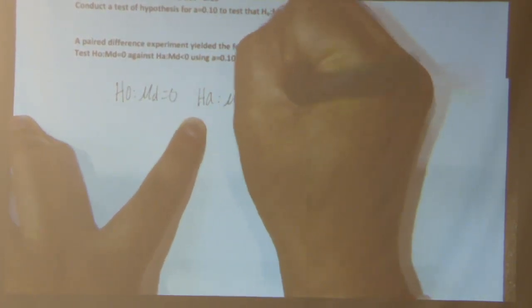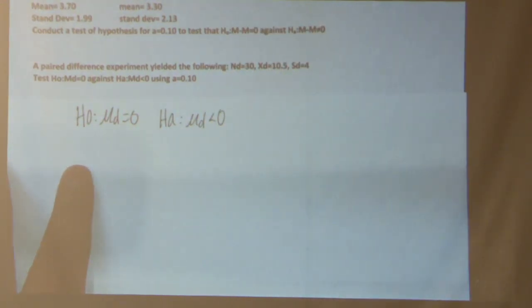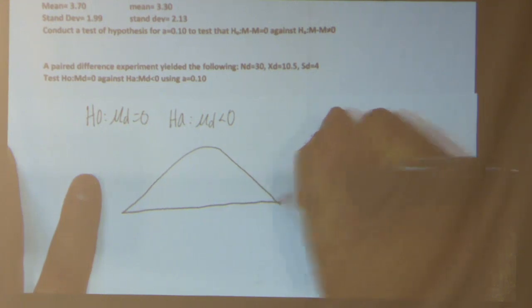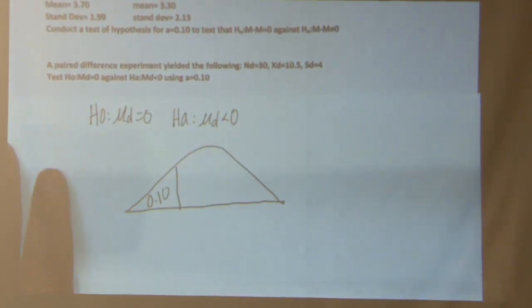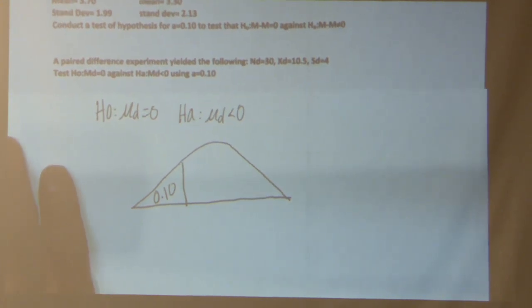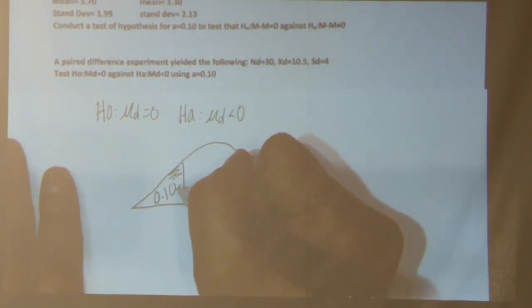So we want to test that mu D is equal to 0 against mu D is less than 0. So this is going to be a left-tailed test. Our alpha value of 0.10 can just go in the tail without having to be divided, and this is going to become our rejection region.